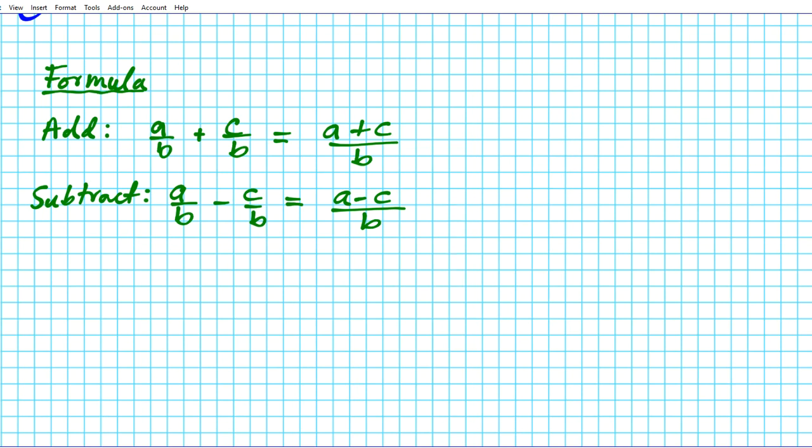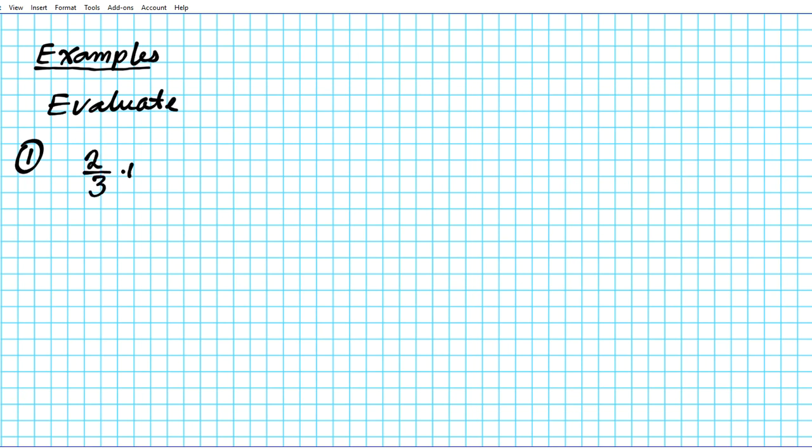Now let's take a look at some examples. The instructions for the examples are for us to evaluate the given fractions. Question 1, let's say we have 2 over 3 plus 5 over 3. Now how do we do this?